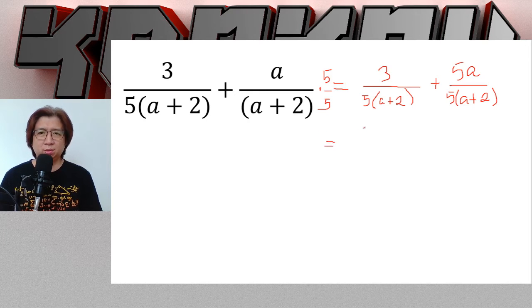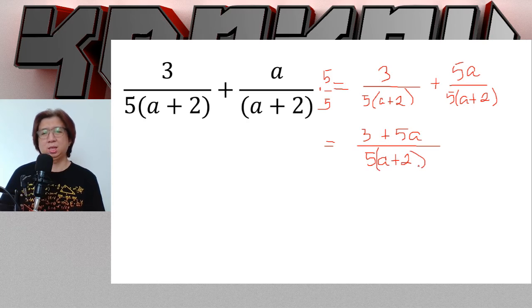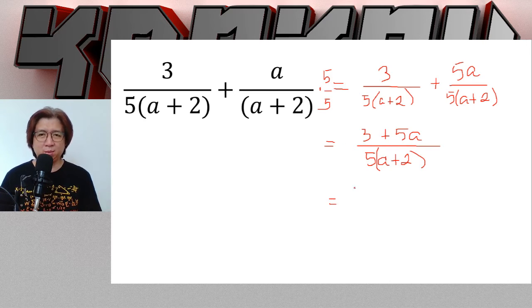Okay, so we have 3 plus 5a all over 5 quantity a plus 2. This is correct already, but if you want, you can rewrite it as 5a plus 3 all over 5 times quantity a plus 2.